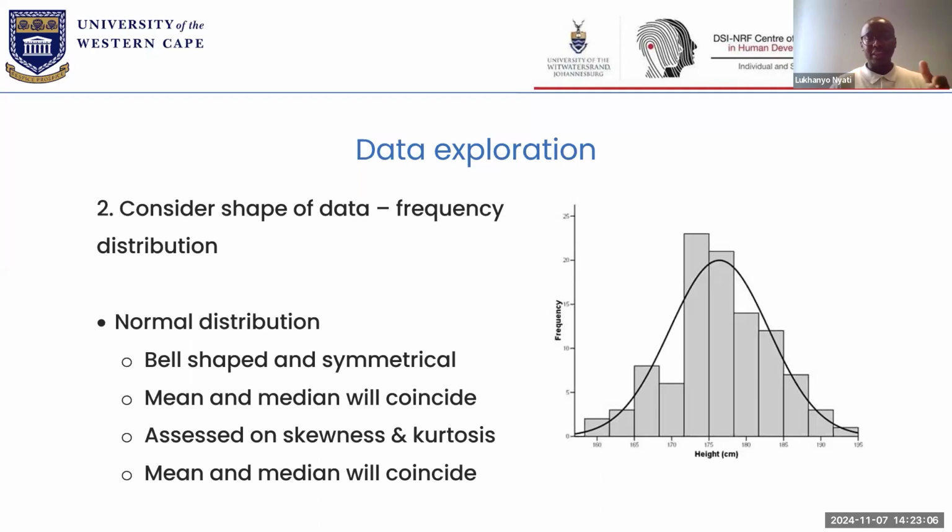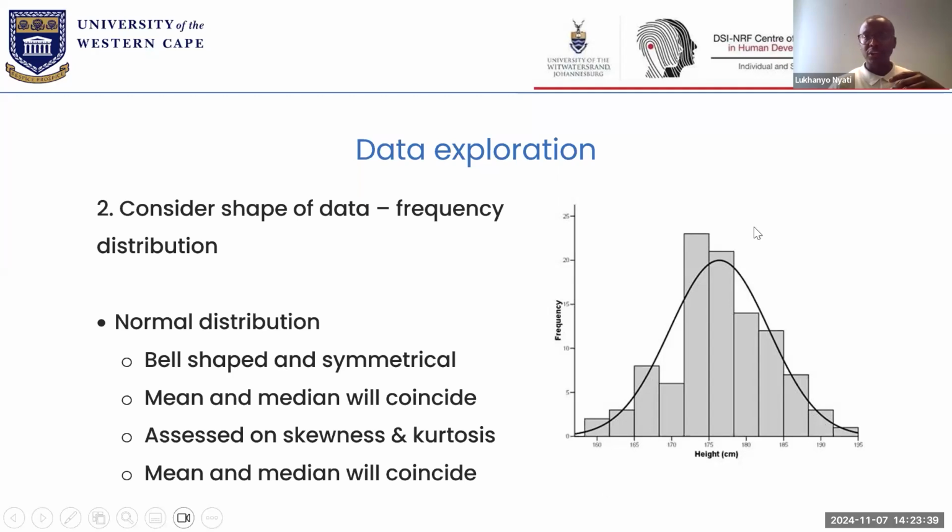All right, and these are just some of the graphs that you may use to explore your data, such as your histogram, which shows the distribution of your data and whether there's symmetry or not. There are certain characteristics of a normal distribution, such as being bell-shaped, as you can see on this graph.